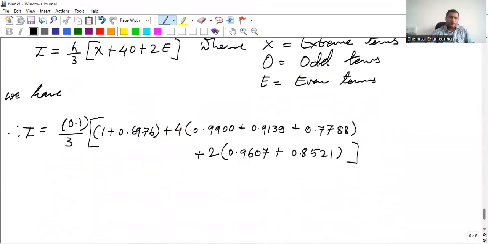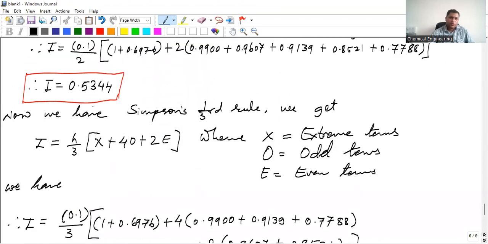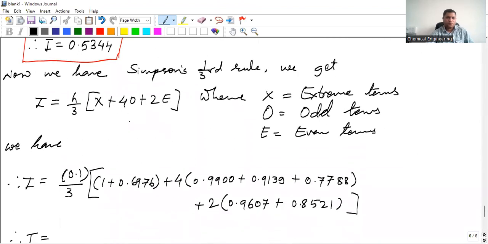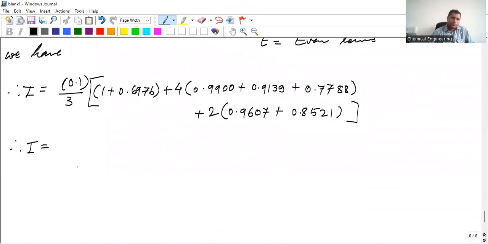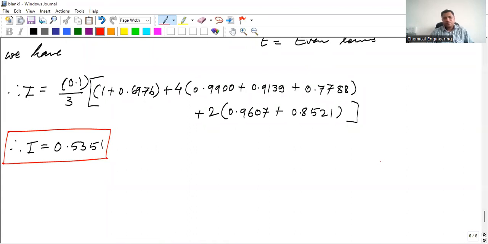Now we are able to calculate this. So calculate this value. Remember, this will be near the previous value; it will not be too different. 0.5351. Okay, this is the value. Is there anyone getting a different value? No, sir, same values.